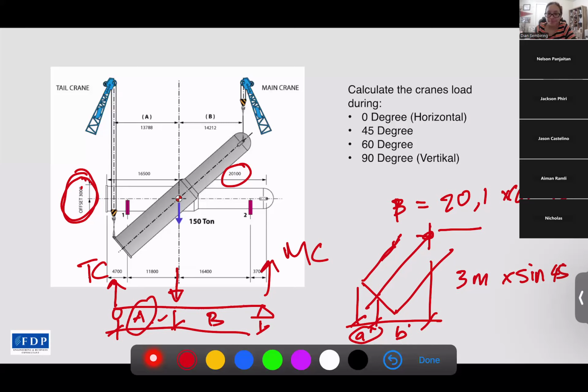So to calculate A, we need to consider the offset of 3 meters. So be careful with the offset like that. Is there any question with regards to the capstone project? Jackson, Aiman, and Ahmed, do you have any question regarding this explanation, or is everything clear?